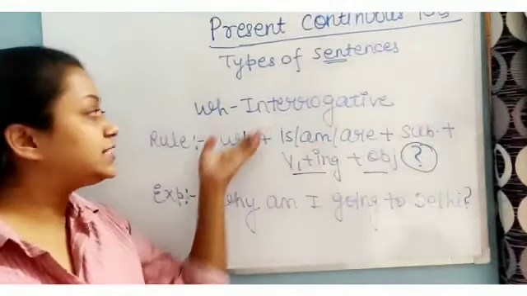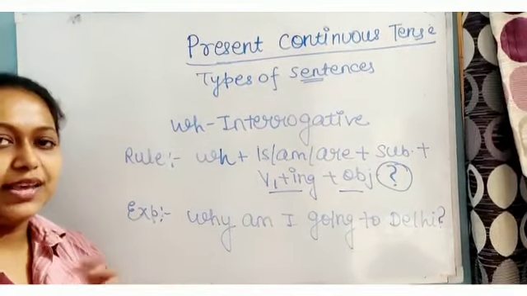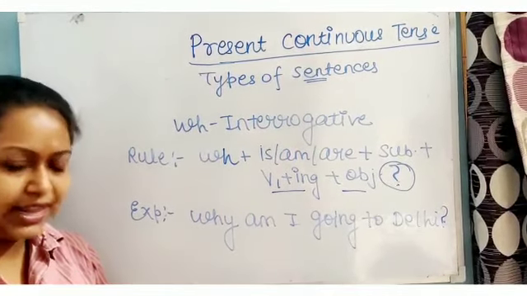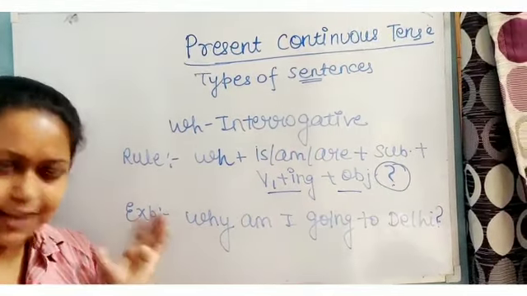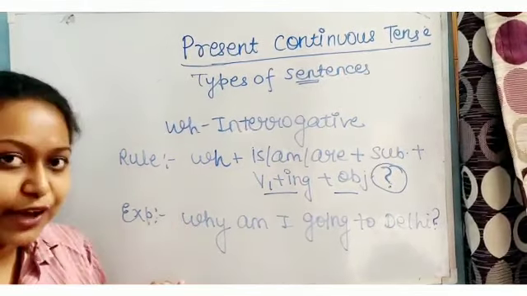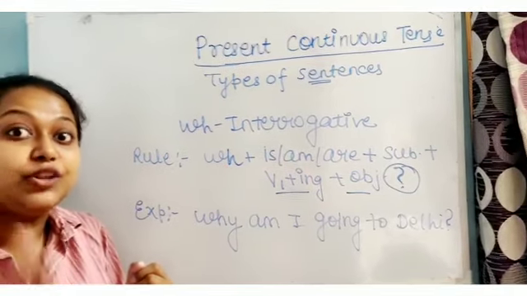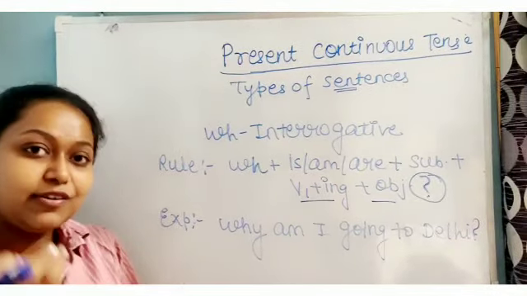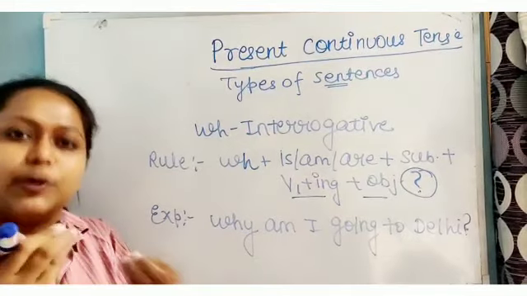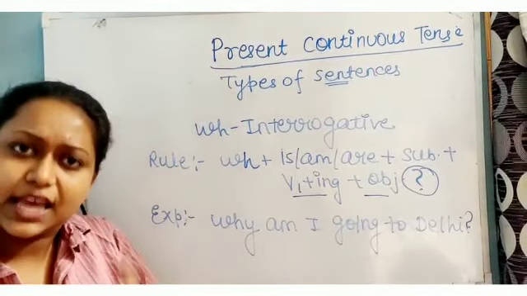Now the last type is WH interrogative sentences. Whenever we ask a very simple question, क्या मैं दिल्ली जा रही हूँ? Am I going to Delhi? This is a simple interrogative sentence, right? क्या मैं दिल्ली नहीं जा रही हूँ? Am I not going to Delhi? This is negative interrogative. If I say मैं दिल्ली क्यों जा रही हूँ? Here I am asking for the reason also. क्यों? So whenever your sentence contains these type of WH family words like where, why, कब, क्यों, कहाँ, कैसे, right?